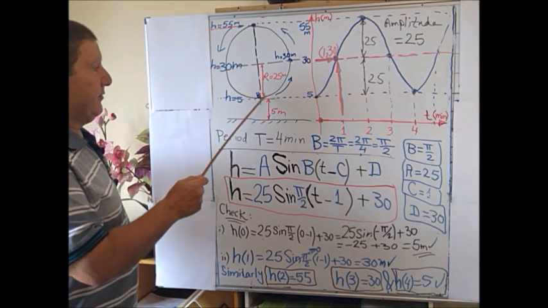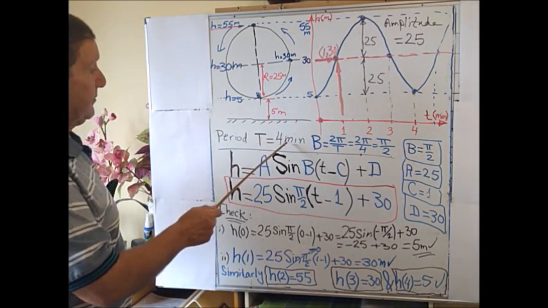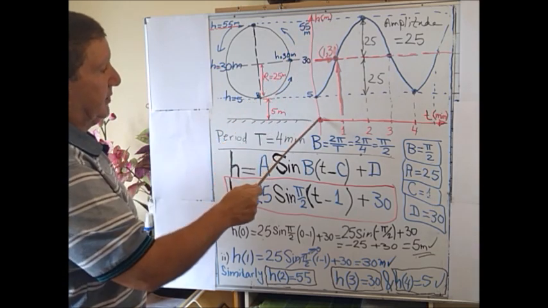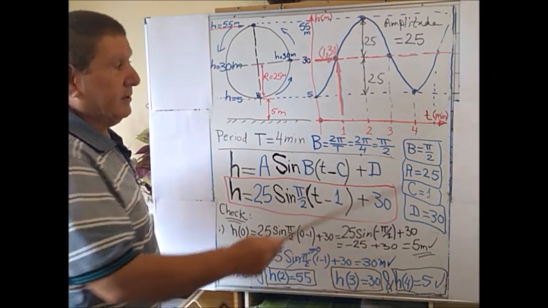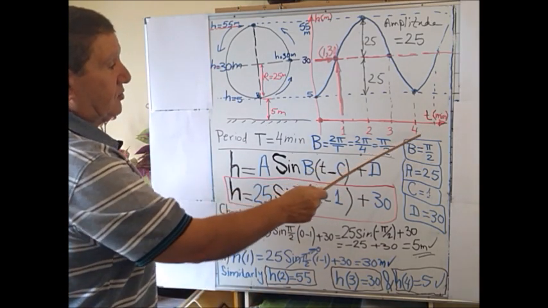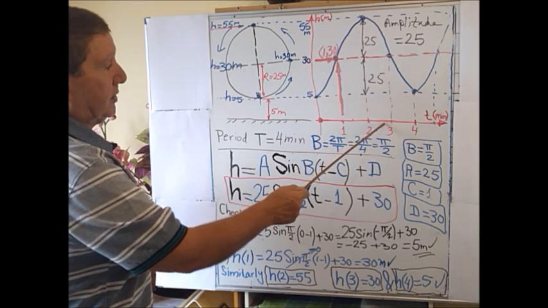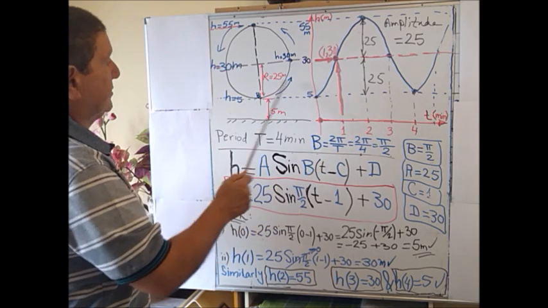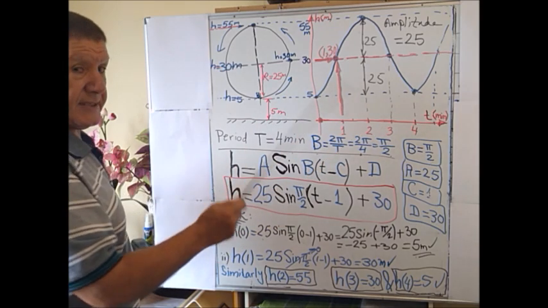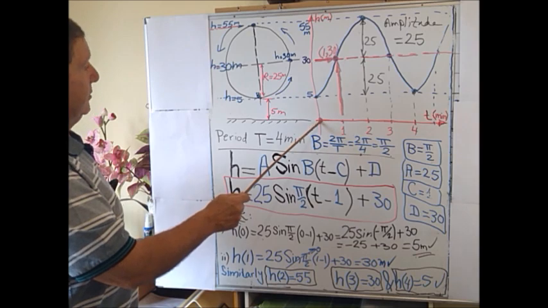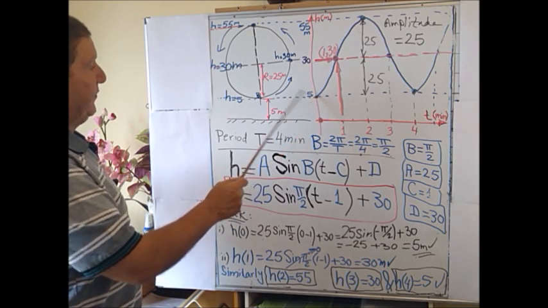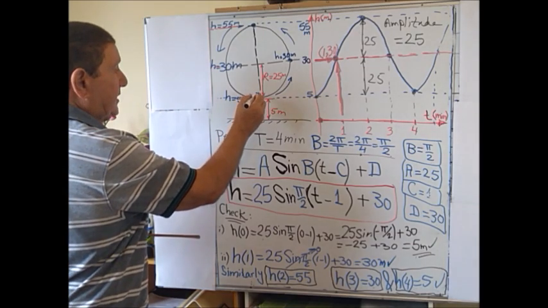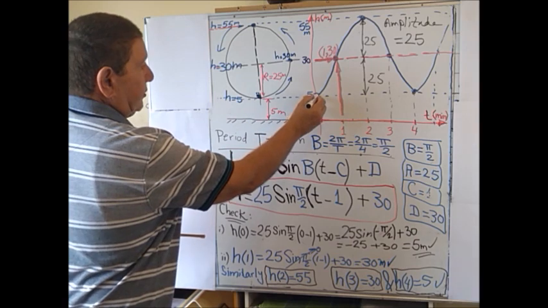As you can see from this rotation, the period T is 4 minutes, so we can graph the height versus the time in minutes. So we have 1, 2, 3, 4 minutes for a complete rotation. This is the period. At the start, when t is 0, the height is 5 meters, so you are sitting on the seat at this level.